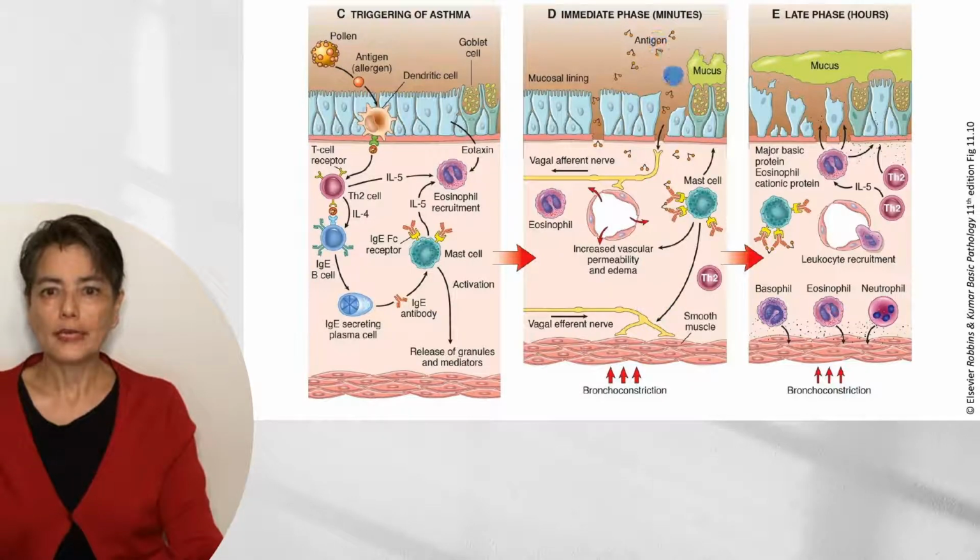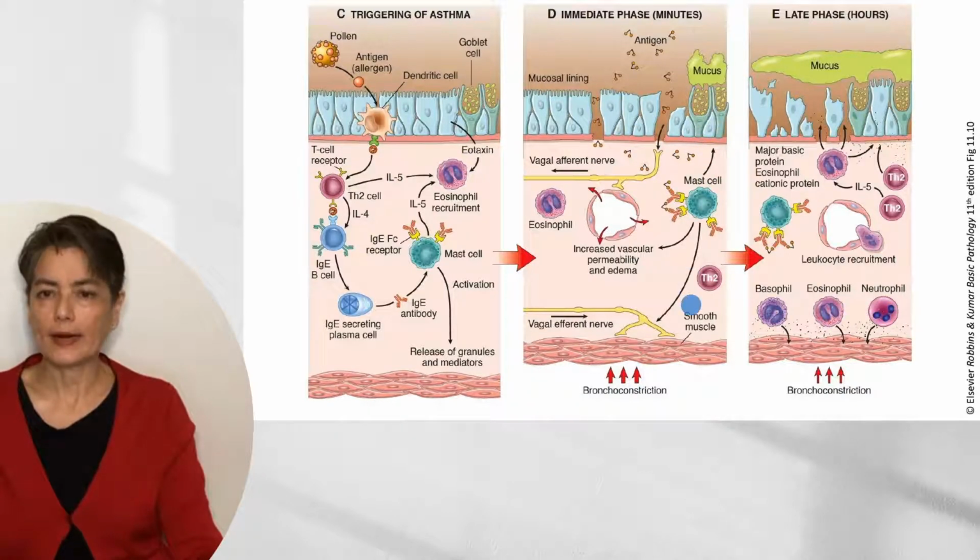We're also going to get, through this damaged epithelium, stimulation of the vagal afferent nerve. This is going to come together in our immediate phase, causing bronchoconstriction. Also, in these first few minutes, we're going to increase vascular permeability and edema, so that's going to cause swelling of the bronchial wall. And the mast cell is going to be stimulating the goblet cells to release mucus.